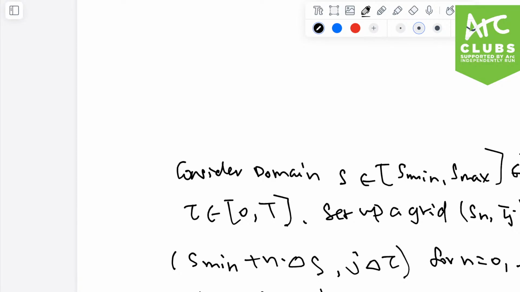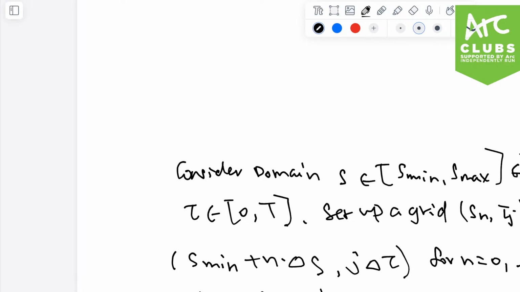And again, even if they don't give you delta x, we should always know how to find delta x by ourselves, right? But this question is nice. They give us delta S and delta tau. And part A just asks us to use a central difference approximation of big O delta S squared.